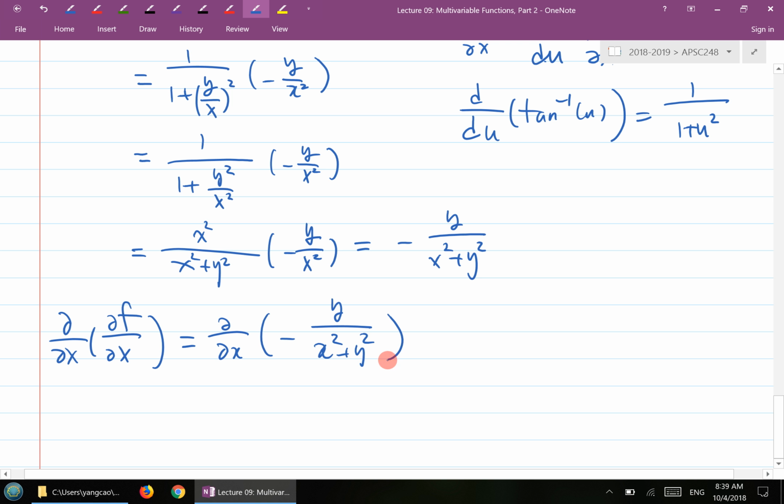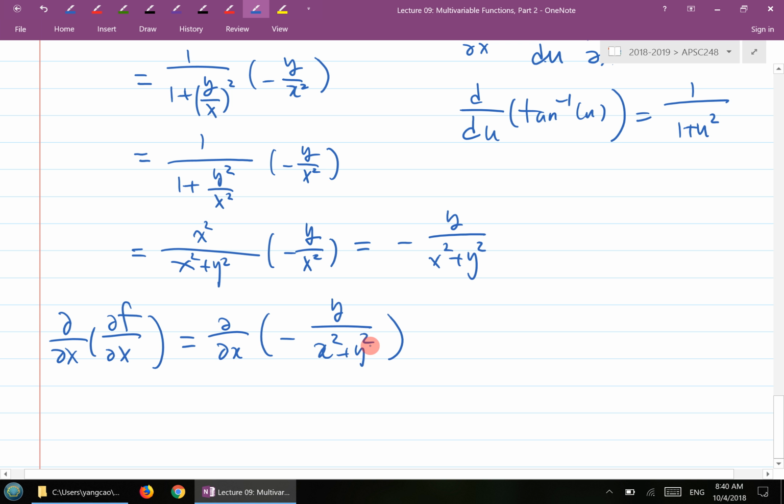Now this one here, I don't think I'm going to use any chain rules because this is a relatively simpler expression. All I need to remind myself is that because I'm taking the partial derivative with respect to x, I'm going to treat the y as if it's a constant.